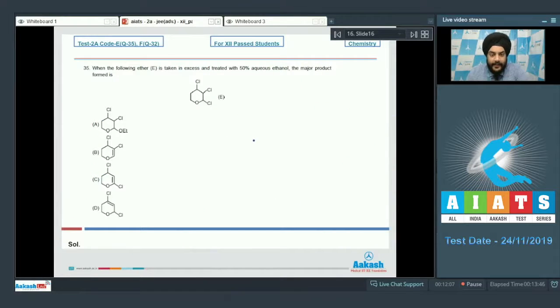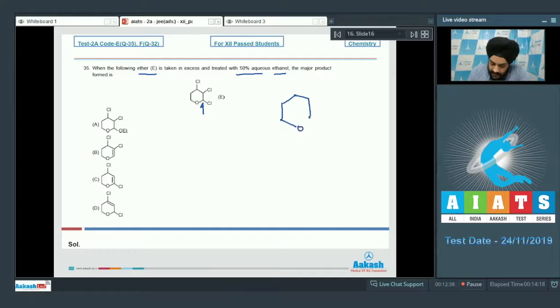Question number 35. When the following ether E is taken in excess and treated with 50% aqueous ethanol. Okay, so the ether is taken in excess. We have to comment on the major product. So if we talk about the ether being taken in excess, students, there will be solvolysis. So a carbocation will be formed. If we talk about the most probable site of the carbocation formation, students, we can clearly see that the carbocation is most likely to be formed at this position.